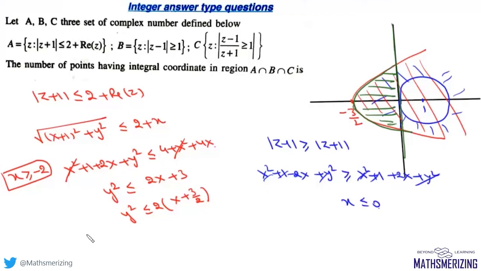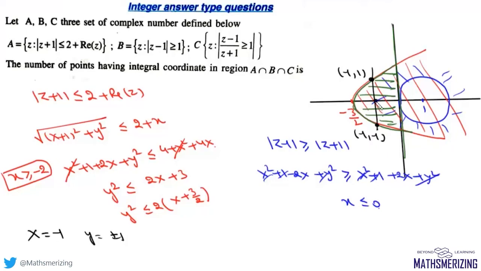Now one of the possibilities is when the value of x is -1. Now, if the value of x is -1, value of y is plus or minus 1. So we'll have 2 points here, one at (-1, 1) and the other one at (-1, -1).